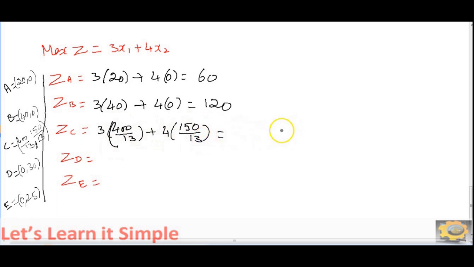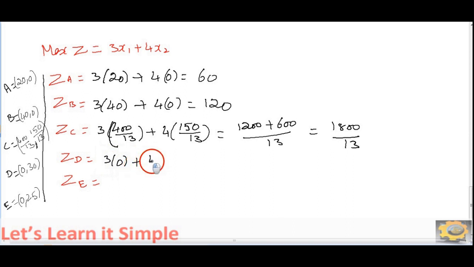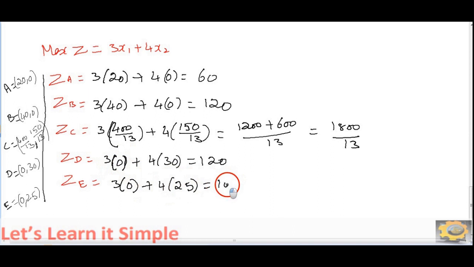With LCM 13, we get 1200 plus 600 by 13, which amounts to 1800 by 13. Z of D is 3 of 0 plus 4 of 30, which amounts to 120. Z of E is 3 of 0 plus 4 of 25, which amounts to 100.